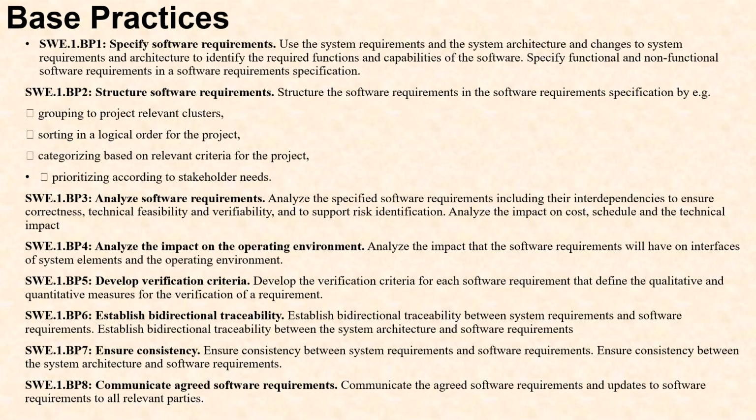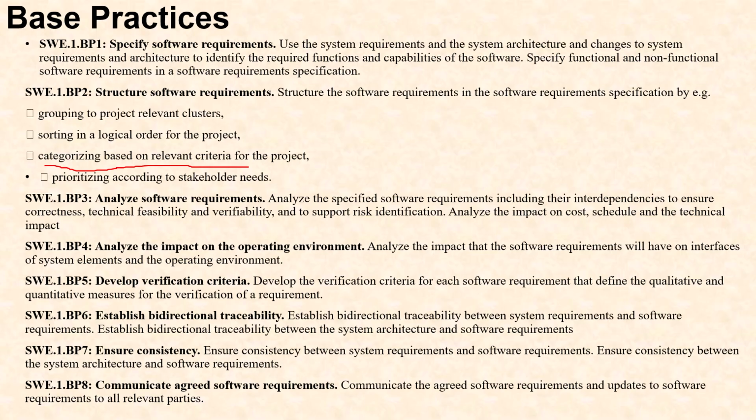Now, base practice 2 is structure the software requirements in the software requirement specification. For example, grouping the project relevant clusters, sorting the logical order of the project, categorizing based on the relevant criteria of the project. Now, this is important, categorizing based on the relevant criteria, because it should be very clear about what are the relevant criteria, what are the important criteria.